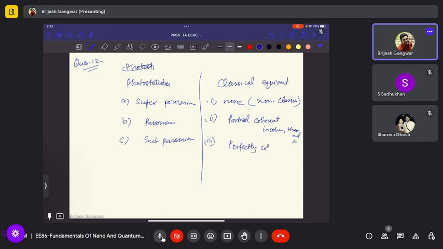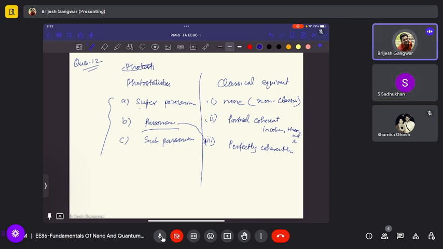As I told, in quantum mechanics light can be divided into three types of statistics: Poissonian, super-Poissonian, and sub-Poissonian. But what will be the equivalent in classical terms?